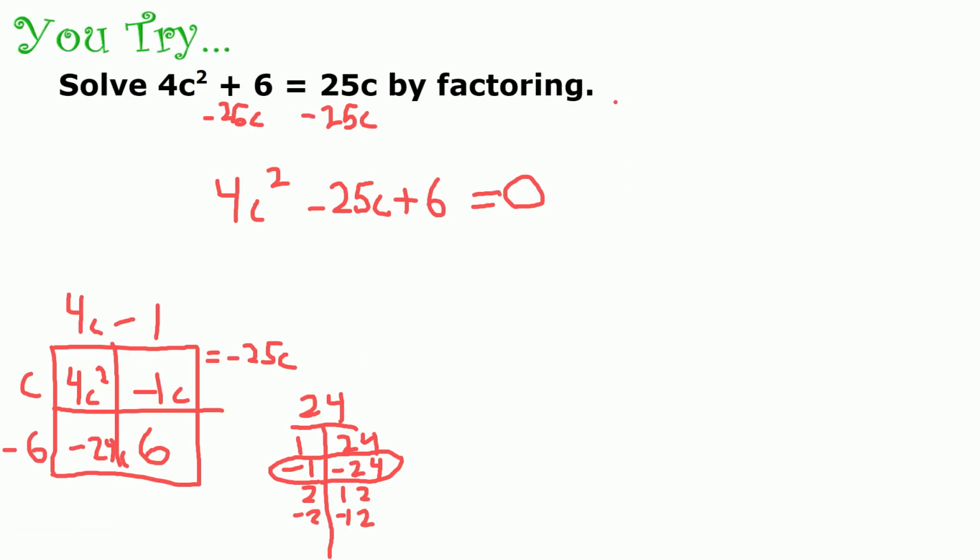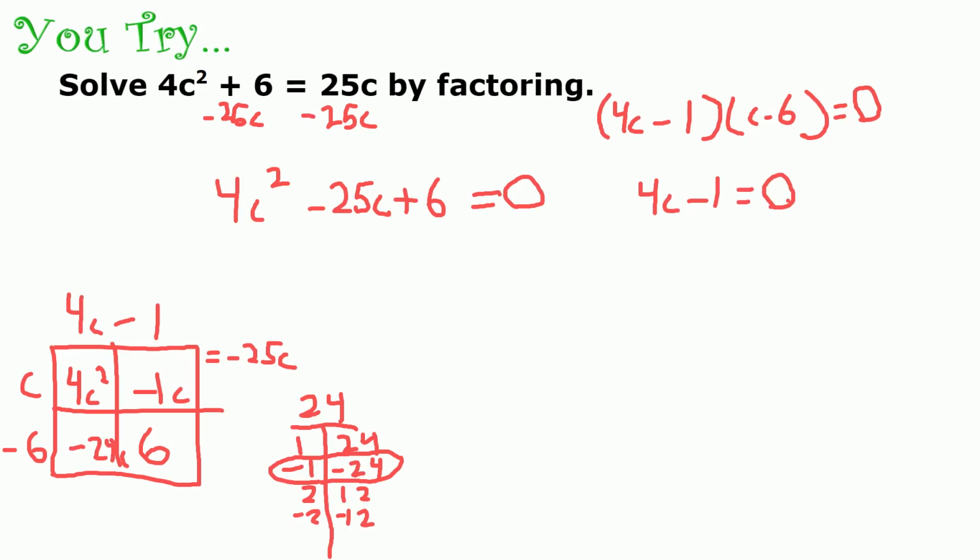So I rewrite this trinomial as its factors. I have 4c minus 1 times c minus 6 equals 0. In order to solve for c, I take each one individually and set it equal to 0.